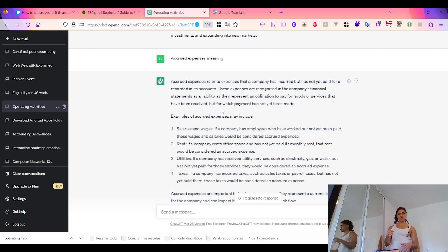Exactly. So once I receive that as a company, then I'm going to pay for it. In other words, an accrued expense is something that I received, but I haven't paid for it.